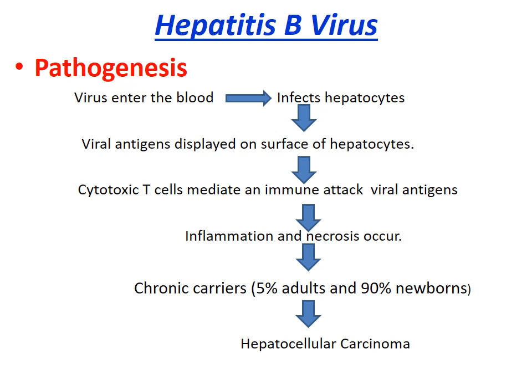And chronic carriers can develop hepatocellular carcinoma too. It is because the cells which are damaged in response to it, the hepatocytes, attempt to replace those dead hepatocytes, and in this way overgrowth can occur and loss of control of growth can occur.